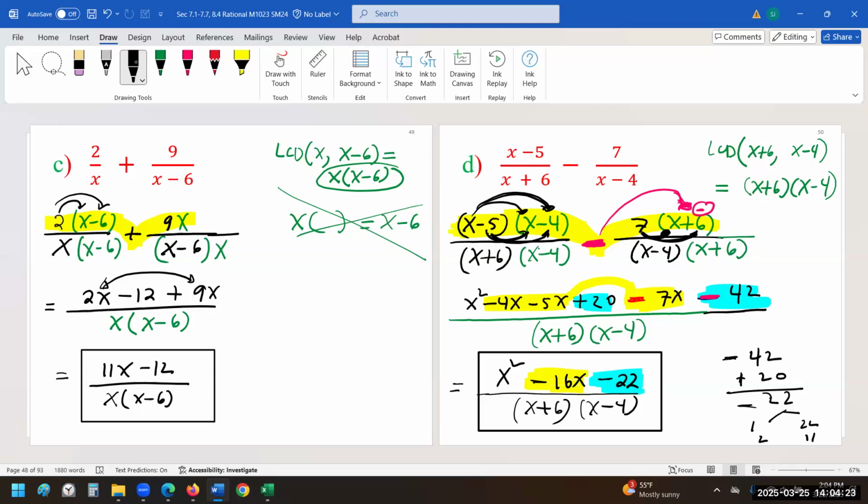If this seems unclear to you, you can write one more line here. Negative 7 times x plus 6. This is what you have. We are subtracting 7 times x plus 6. What is 7 times x? Negative 7x. What is negative 7 times 6? Negative 42.